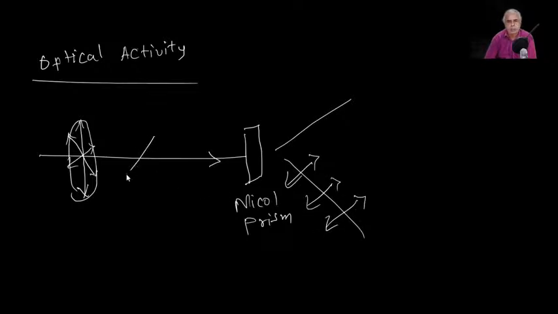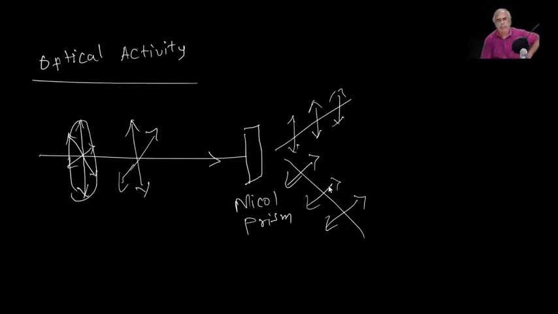So let me select only two vibrations for our convenience, horizontal and vertical. So the horizontal vibrations are split like this, and vertical vibrations will go like this. And such type of light are called optically active light.